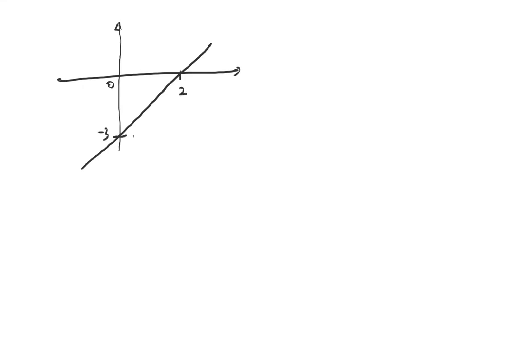And this point is called (0, -3). So you see, when x increases by 2 units, y goes up by 3 units. That's why the gradient is 3 over 2.